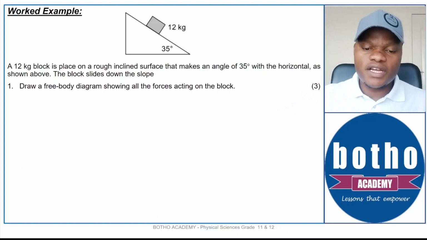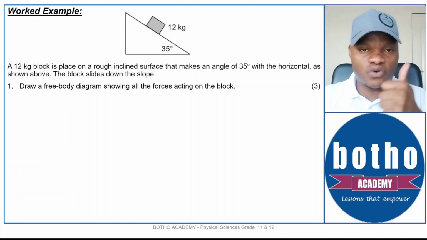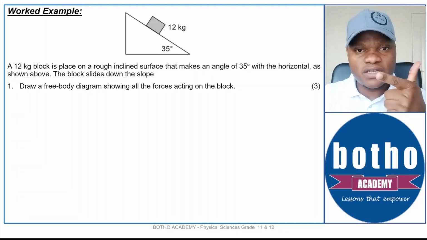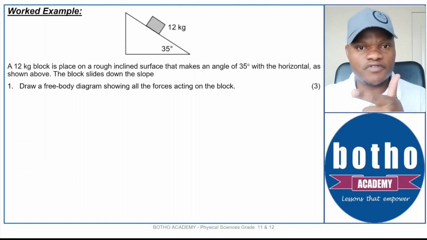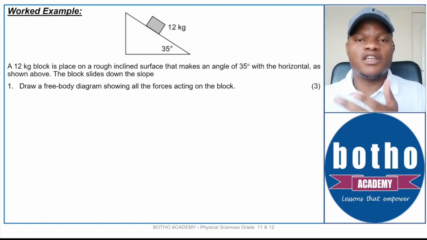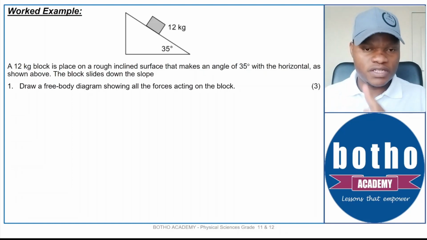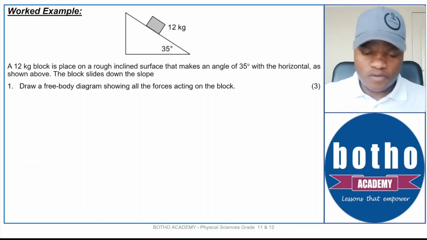What are those forces? We know this is an object in contact with the surface, therefore there's going to be the normal force, and this is an object with mass, therefore there must be a weight or a force of gravity, and because the surface that this object is in contact with is rough, there must be a frictional force as well. So those are the 3 forces that you need to draw on this free body diagram.